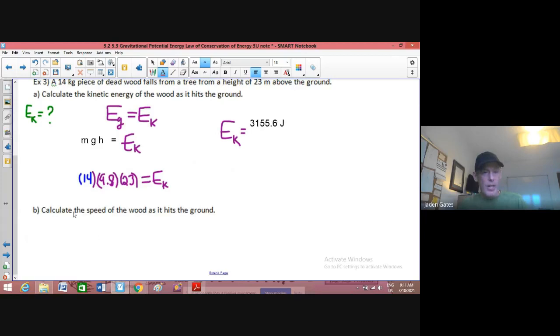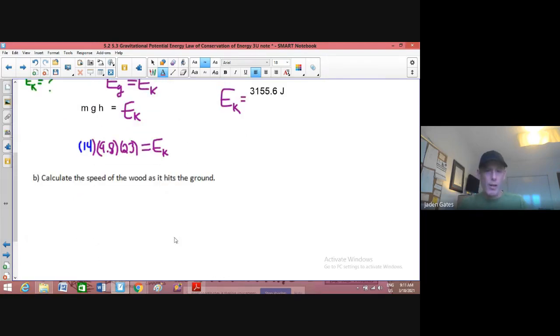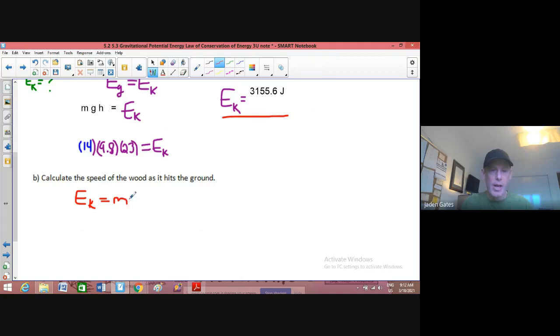But now calculate the speed of the wood as it hits the ground. All right, well, again, here's our kinetic energy that we have at the bottom. And so that kinetic energy, again, from the other day, our EK is equal to mv squared divided by 2.